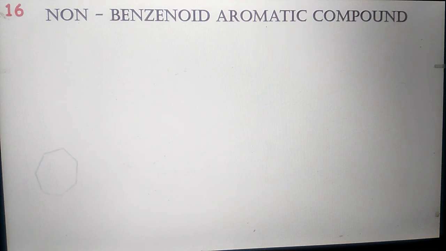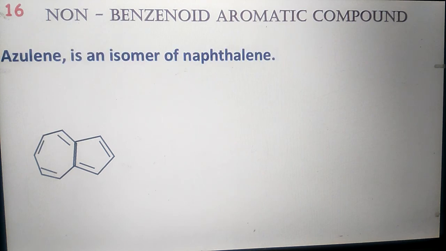Non-benzenoid aromatic compound. This is an isomer of naphthalene called azulene. It consists of a 7-membered ring and a 5-membered ring. The 7-membered ring consists of 7 pi electrons and the 5-membered ring consists of 5 pi electrons. How does it consist of 7 pi electrons?